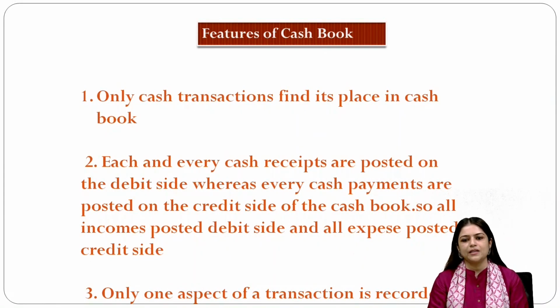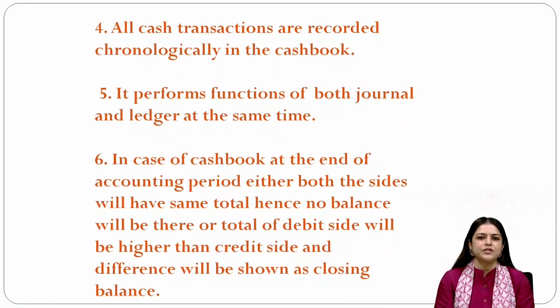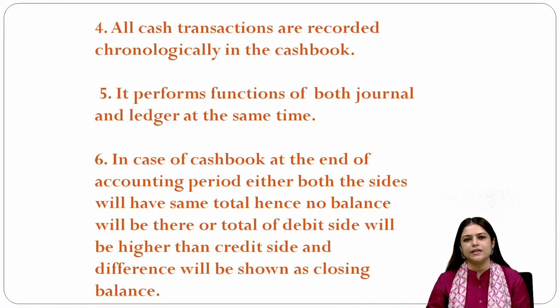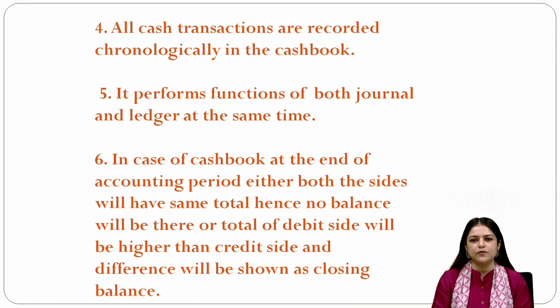Only one aspect of the transaction is recorded. From 1st January to 30 January, date wise and month wise, all cash transactions are recorded chronologically in the cash book, means month wise and year wise detailed description in the cash book. It performs the function of both journal and ledger at the same time.